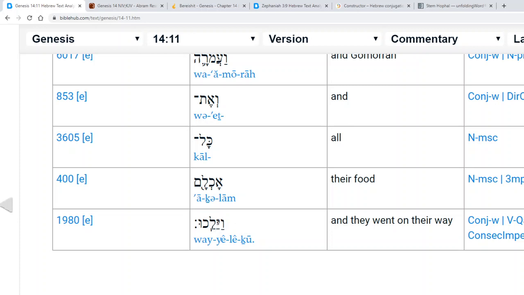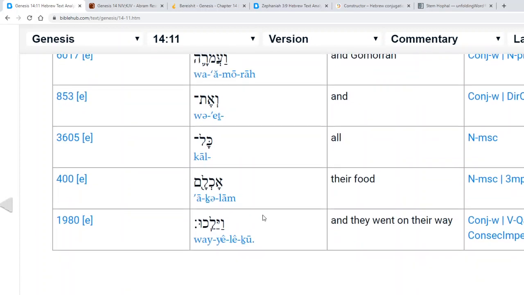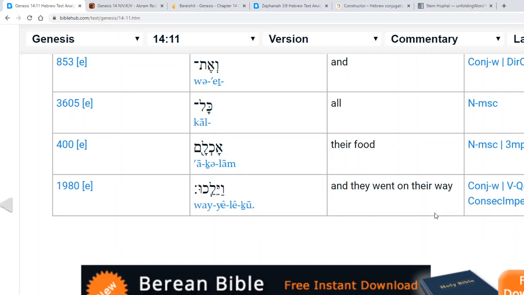The yud is putting it in the imperfect, which gets flipped because of the vav, and the root obviously has lamed and chaf. I would say it's hey lamed chaf, right? To go. Veyalchu, they went. The vav telling you this third person masculine plural. Okay. Ve'et kol ochlam veyalachu, and they left and they went on their way. Yeah.